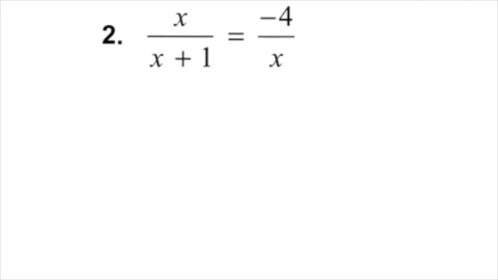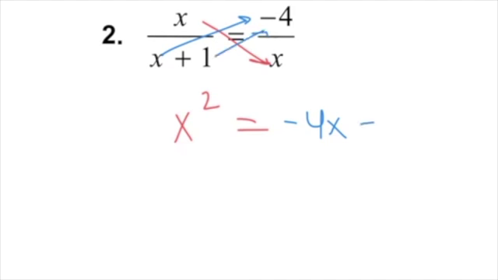So I'm going to cross multiply here. So x times x is x squared equals x times negative 4 is negative 4x, and 1 times negative 4 is negative 4. So, unlike linear equations like the previous problem, where you could just solve for x, in this problem we have a quadratic.